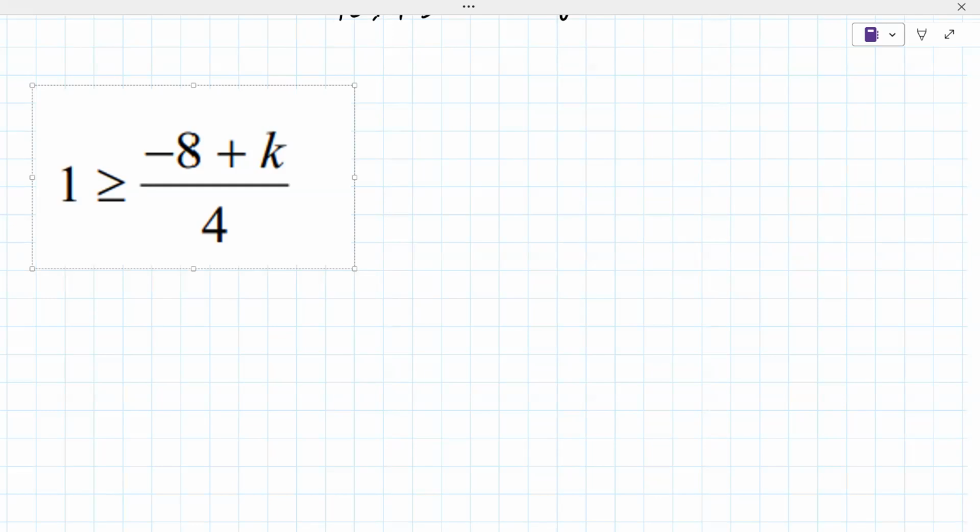K is equal to or less than 12. I'm sorry, one more time. K is equal to or less than 12.